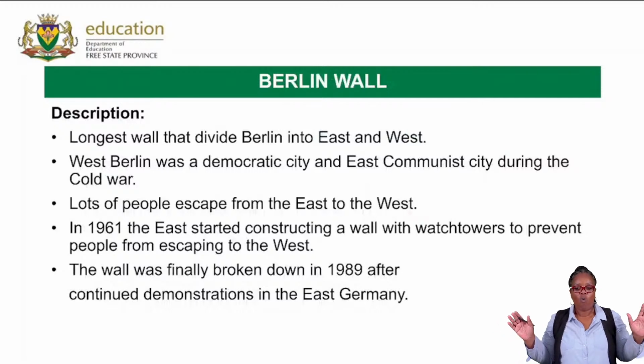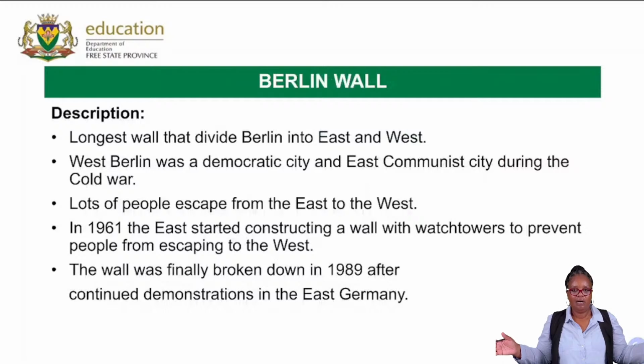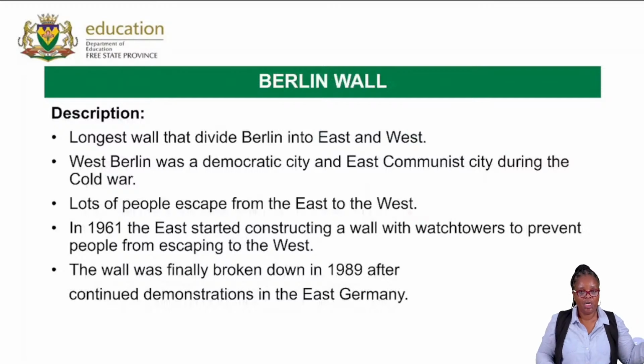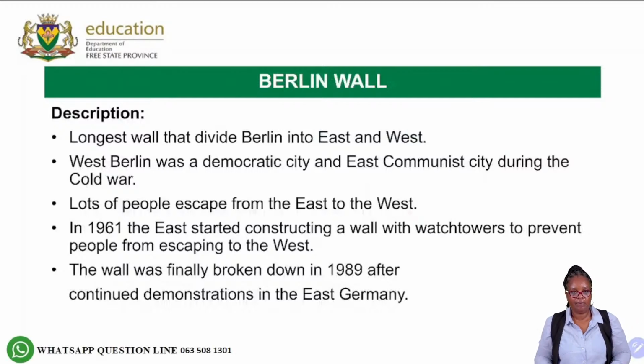So while there were divisions among the people of Berlin, lots of people from the east escaped and went to the west. They moved from the east to the west. Remember, the west was a democratic city. So they ran away from the east to the west.